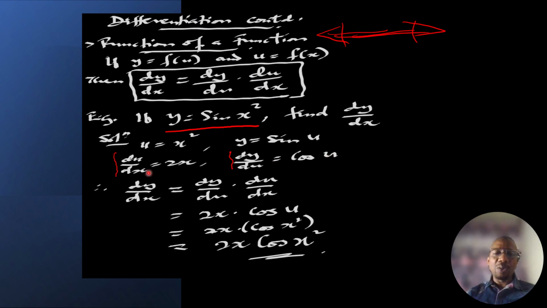So dy dx is dy du multiplied by du dx. That is 2x multiplied by cos u, and u is x squared. So 2x multiplied by cos x squared. That's the dy dx of y equals sine x squared.